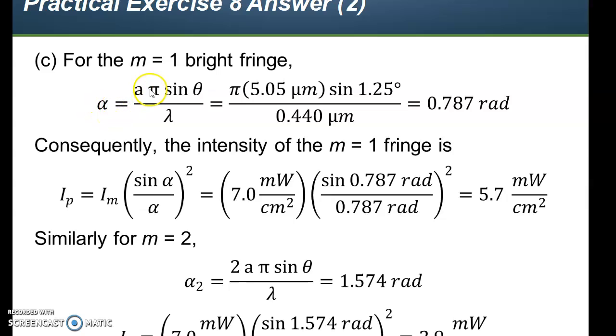Okay, so alpha is a pi sine theta over lambda, and this is where your a value goes in. Sine 1.25 degrees. This is your wavelength. This gives you the radians value for alpha, 0.787. So the intensity of the first fringe is going to be I_m, sine alpha over alpha, squared.